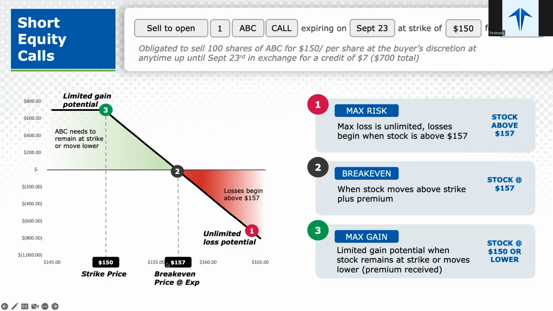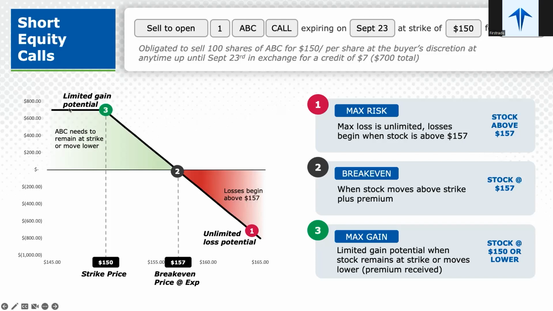But if I have to buy at 157 and immediately sell at 150, I received a $7 premium, so it offsets itself. So the difference here is the $7 just becomes the amount that the security can move before I start losing money. Whereas the inverse is true with the long equity call: that's the amount that the security needs to move before I begin making money.